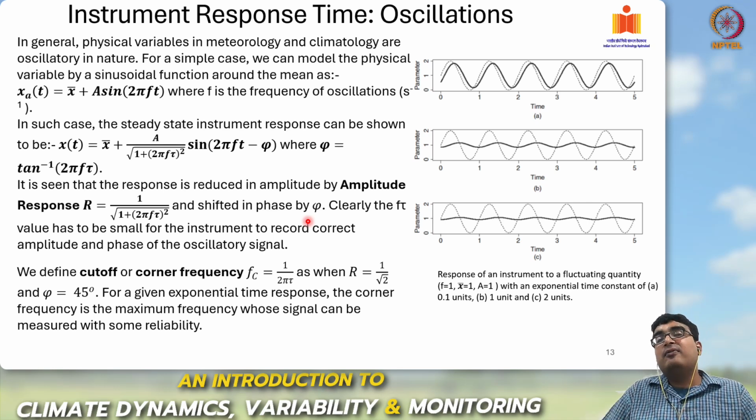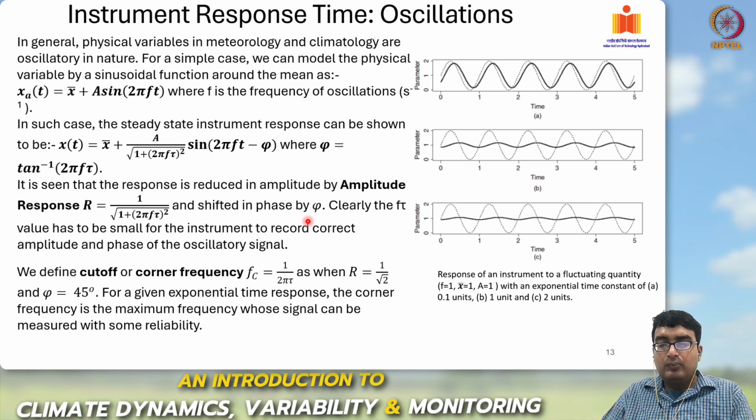Given that a signal has a certain frequency f, and we have an instrument with a certain time response tau, we see whether 1 by 2 pi tau, the corner frequency, is less than f or greater than f.